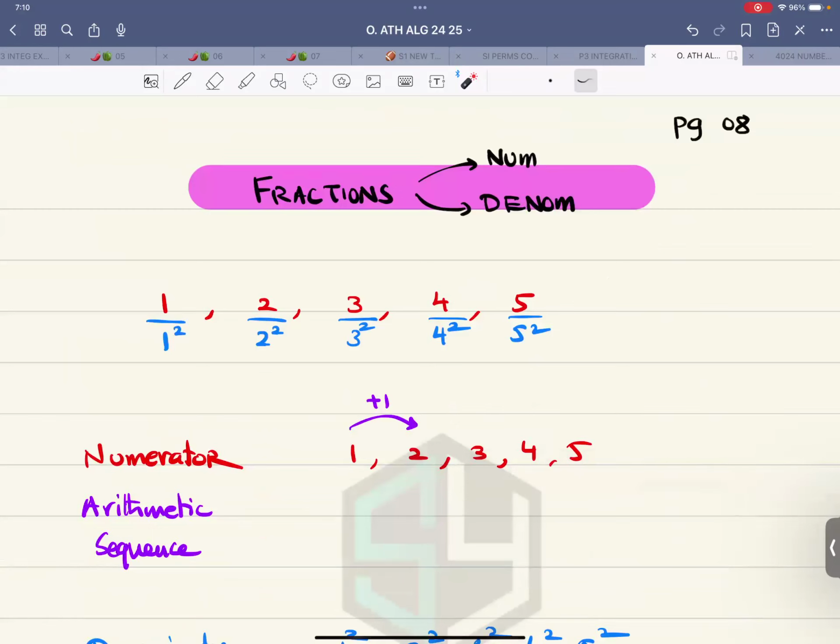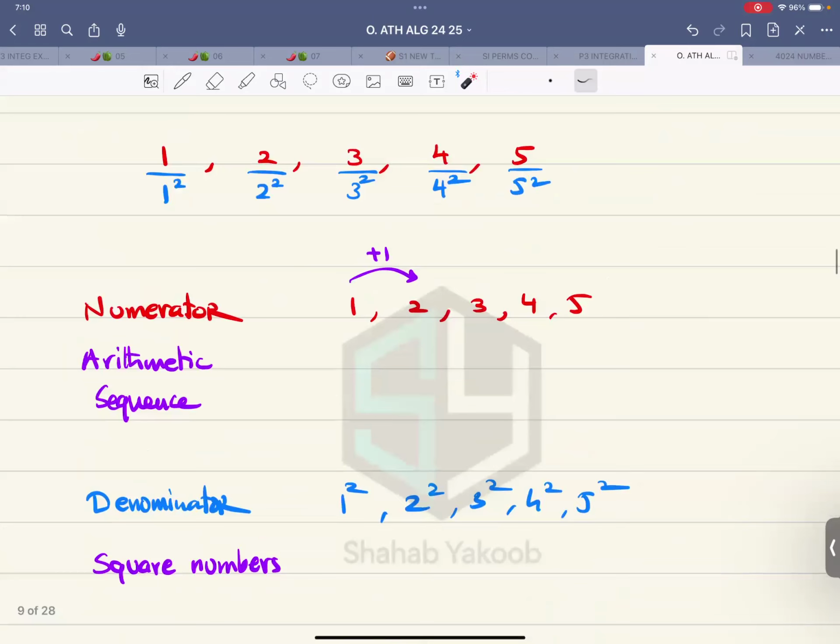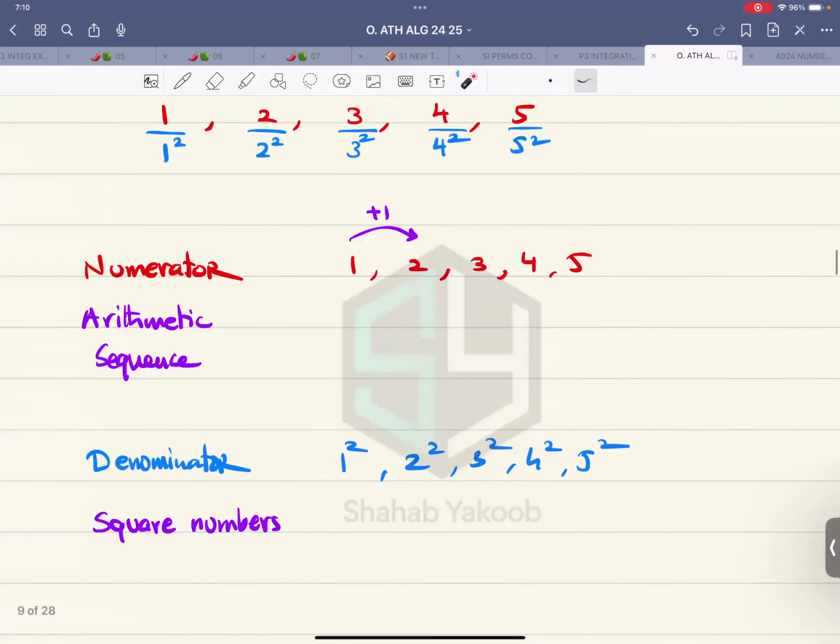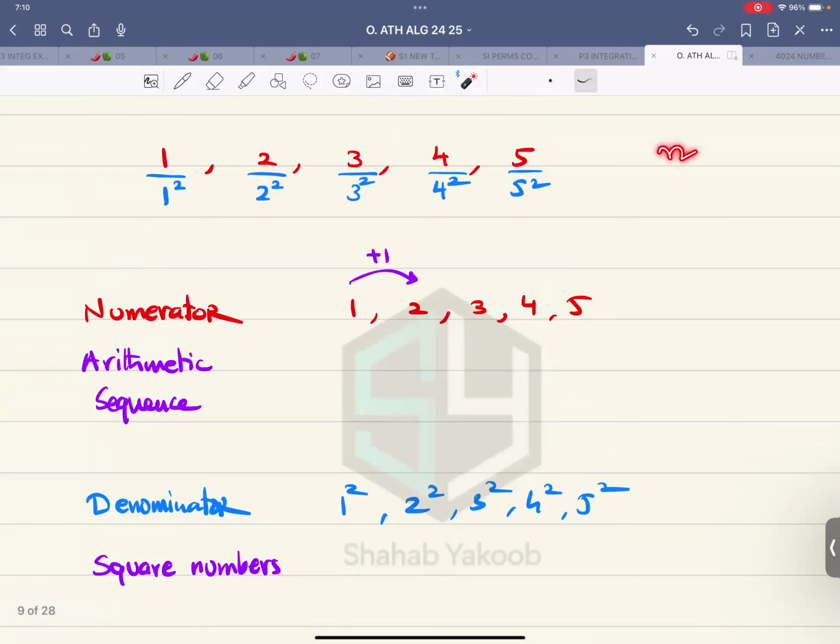Then we dealt with a fraction in which the numerator was following a linear sequence. An arithmetic sequence is a linear sequence. The denominator was following a square number. So basically, this is n over n square. I can write it like this.